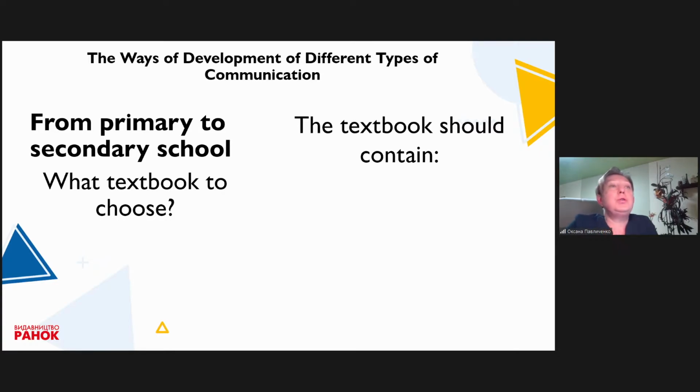And what should the textbook contain? The perfect textbook should contain familiar vocabulary, because if we choose the textbook with different vocabulary, our pupils will have difficulties in understanding some words.